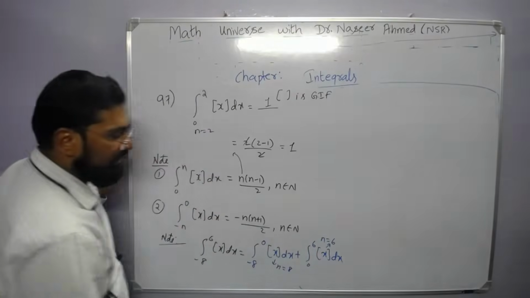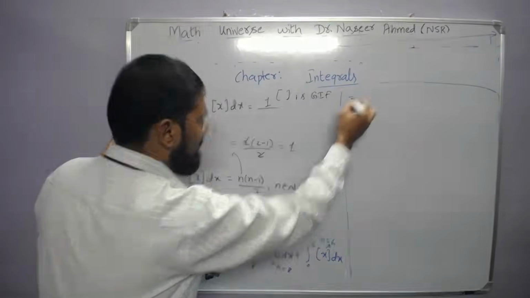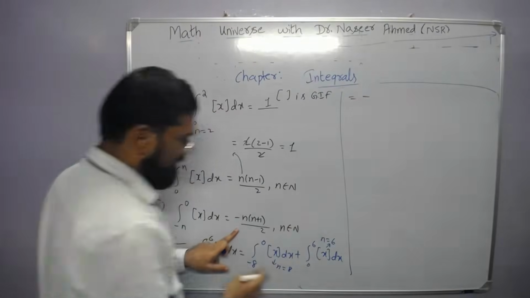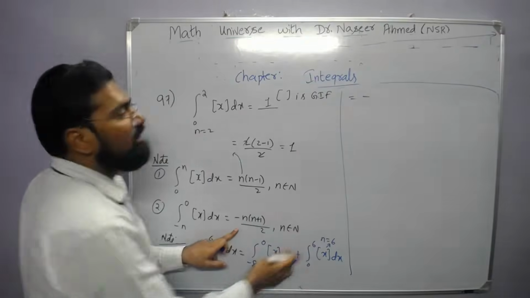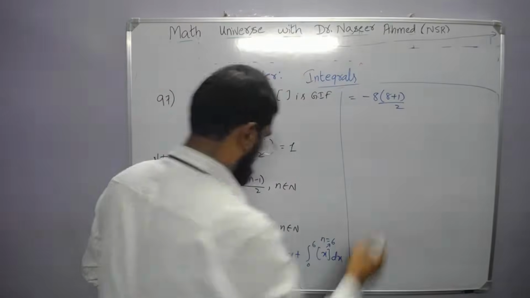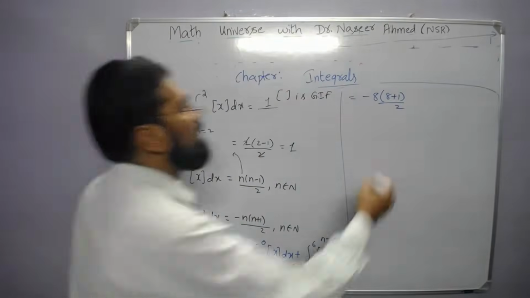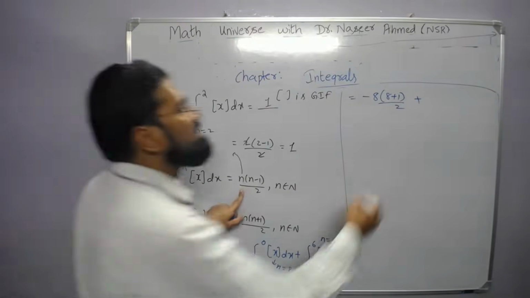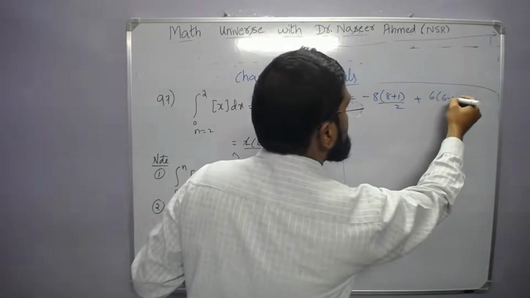If you substitute, our answer will be minus of, in place of n we have 8, so minus 8 times 8 plus 1 divided by 2, then plus 6 into 6 minus 1 divided by 2.